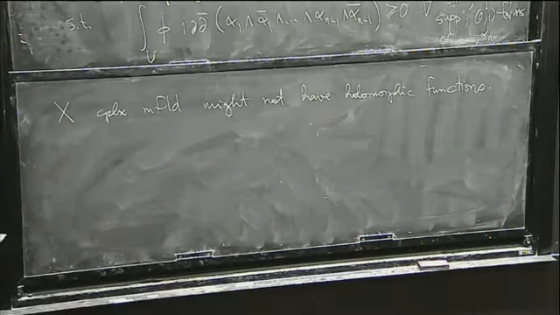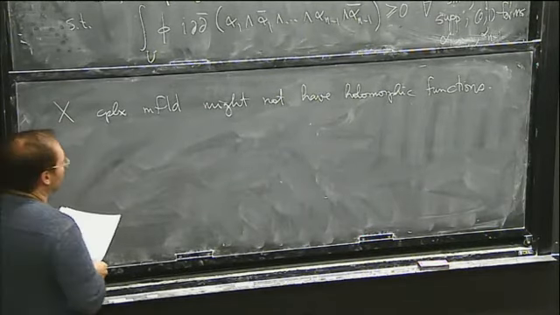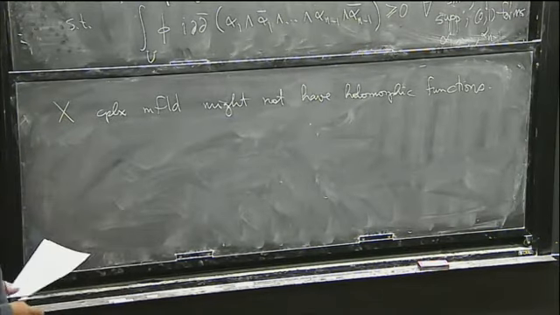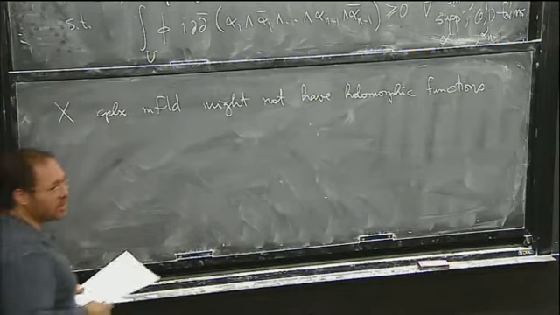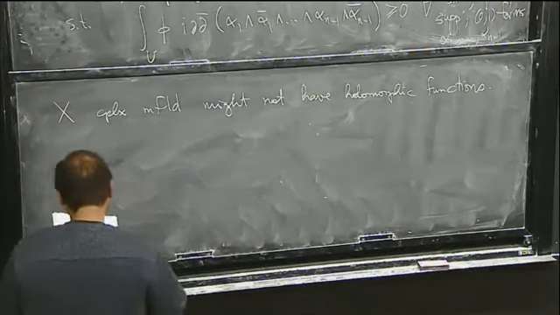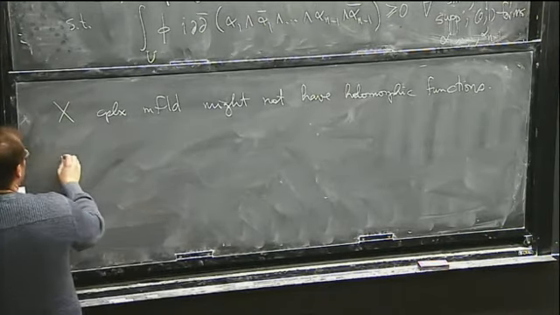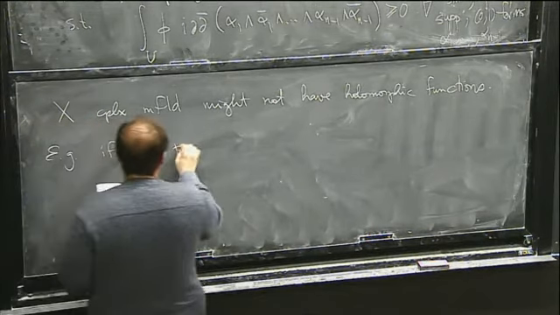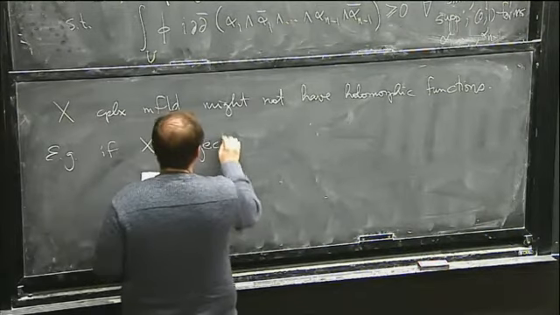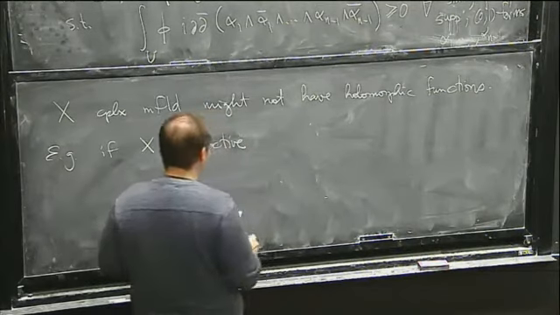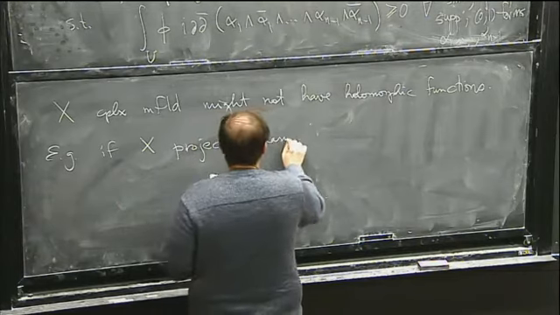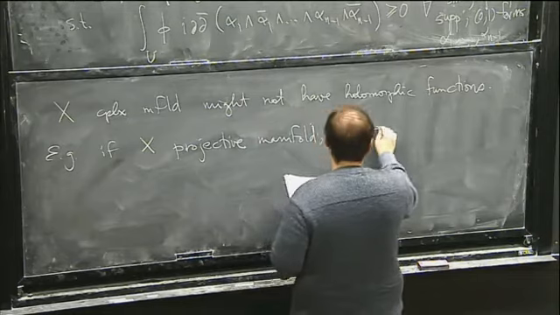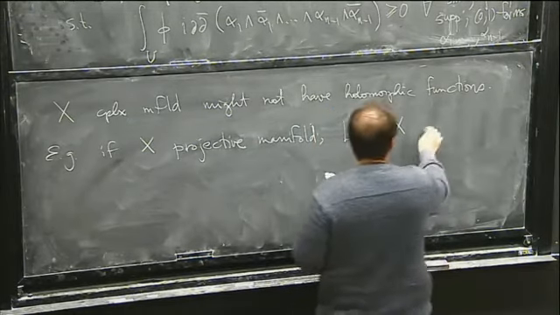But in a lot of situations, for example, in the compact Kähler setting, it has line bundles that have some holomorphic sections. For example, let's just say X is projective, so a smooth projective variety, a projective manifold. And you could have some holomorphic line bundle on this.